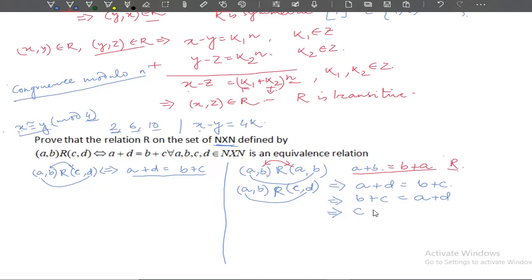Can I write this as c plus b equals d plus a? So (c,d) is related to (a,b). Just check it: sum of the extremes c plus b and sum of the means a plus d are equal. So this is symmetric.